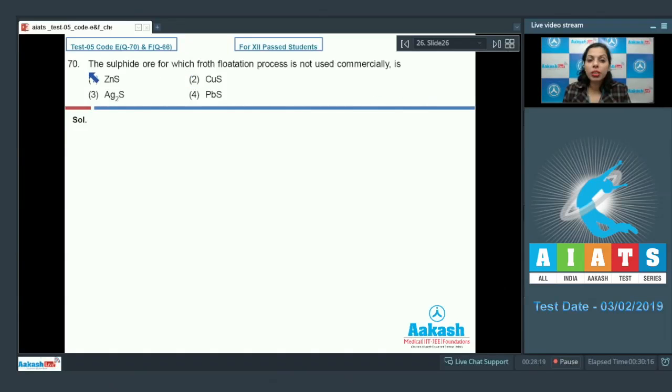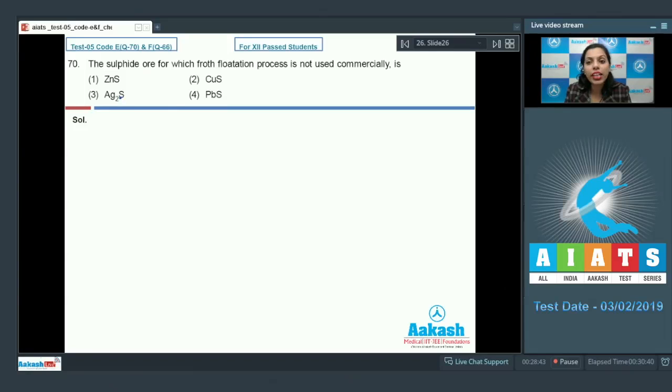After this, question number 70, the sulfide ore for which froth flotation process is not used commercially is. We have different options given here. We know that for the sulfide ore, we generally use the method of froth flotation. But they are asking that which sulfide ore this process is not used commercially. In this case, we can mark silver sulfide.